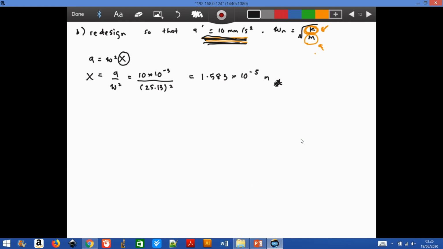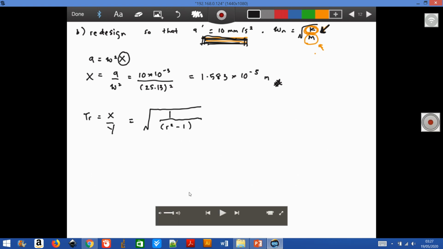Alright, so what we want is we need to redesign. So we play around with the value of k. We need to find the k in order to get this A. So we know that TR, transmissibility ratio, is x over y. And x over y, because we don't have any damper, is 1 over r squared minus 1.